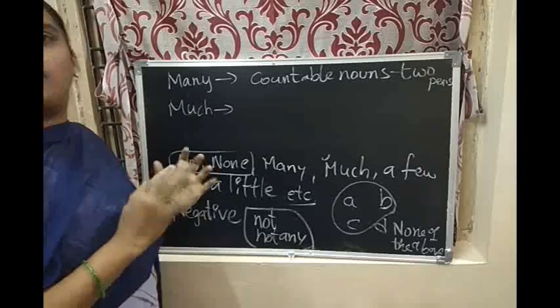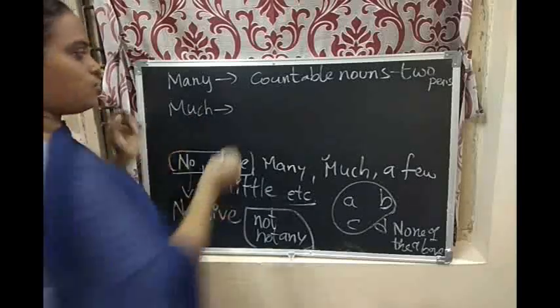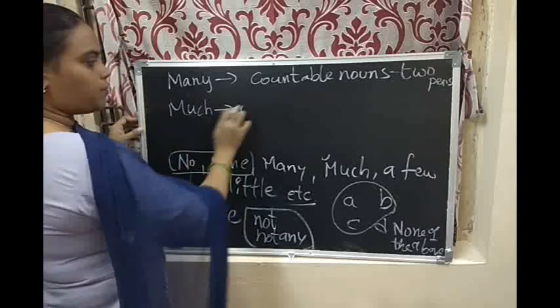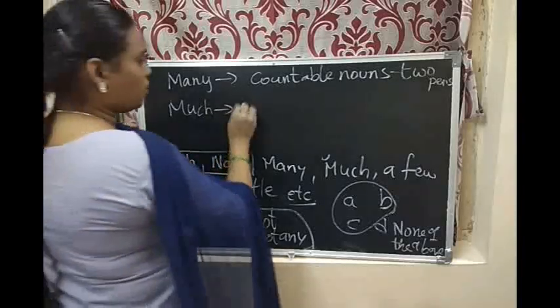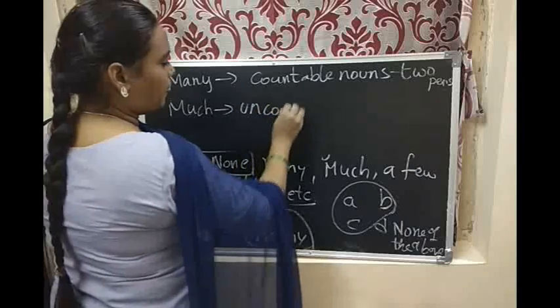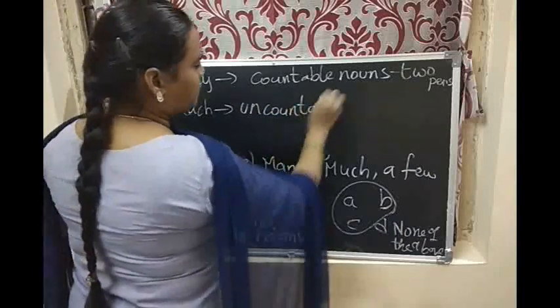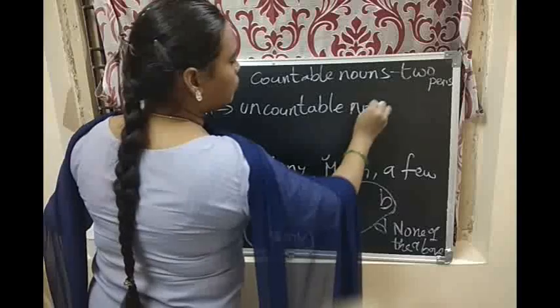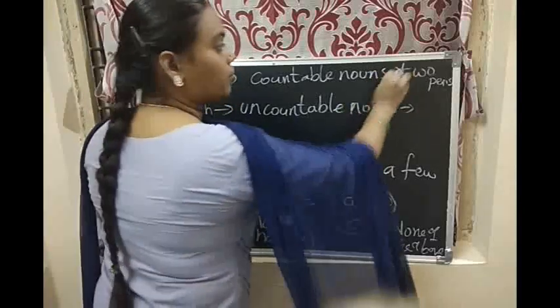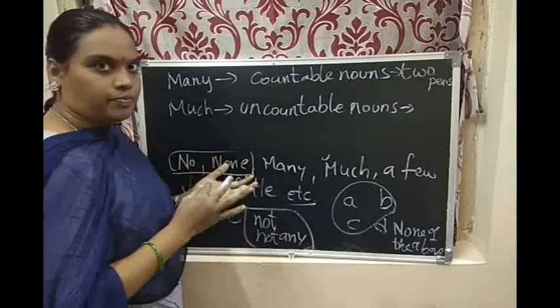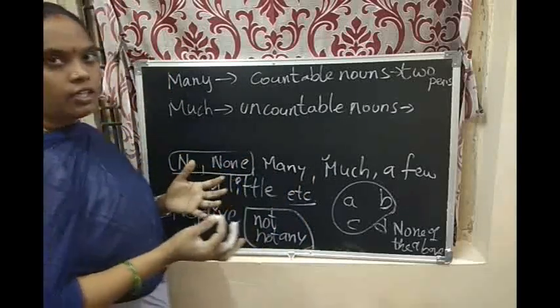Much, in the sense that we cannot count those, we use before uncountable nouns. That means we don't know the number, but we know the quantity. Some, few, like this.